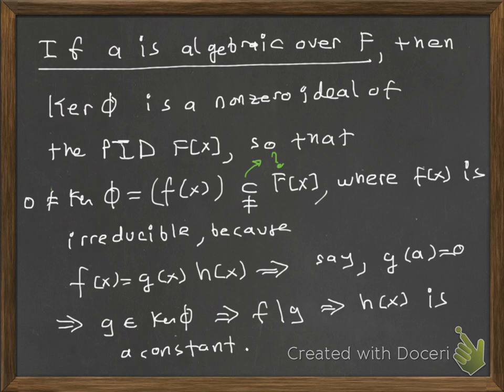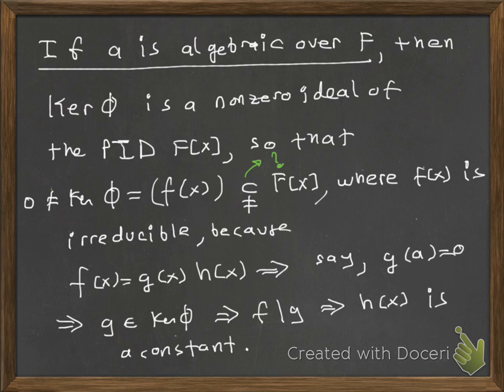Okay, so let's say, since we're working in a domain, let's say it is g(A) that's 0. This puts g, the polynomial g, in the kernel of phi. But the kernel is generated by f, therefore f divides g, which in turn divides f because of this equality.